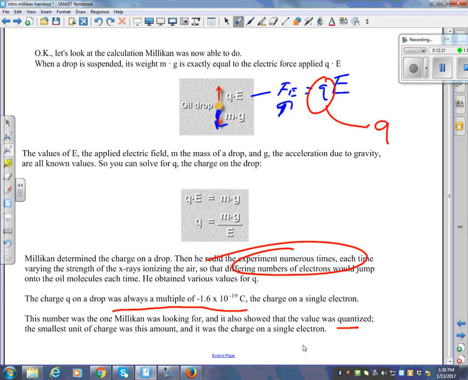But the smallest amount of eggs you can buy, or that you can get, is a single egg, right? I can't walk in and say, I want half an egg, cut it in half for me. Doesn't work, right? You get my point, right? That's the smallest amount there is. So that's what quantized means. You can't get any smaller. That is the smallest amount of charge. Okay.